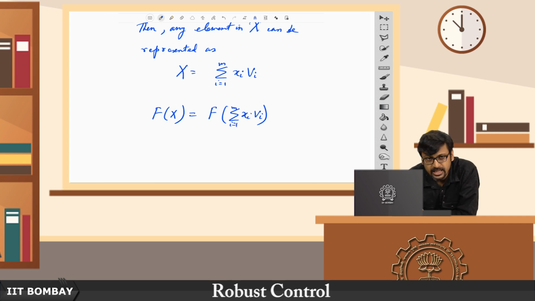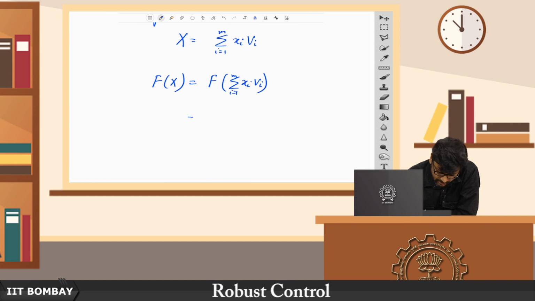But now due to the very fundamental property of linearity, we can then write this as summation xi f of vi, i going from 1 through m.